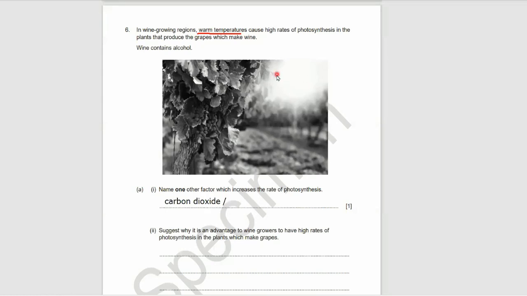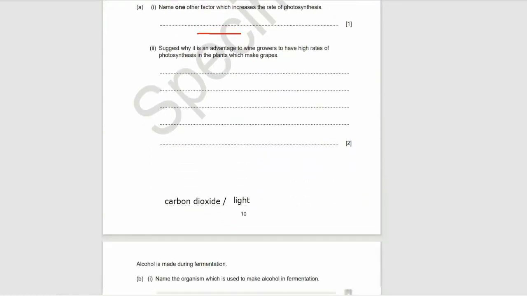What's this? Light. So the 3 limiting factors of photosynthesis are carbon dioxide, light, and temperature. You may think water and number of leaves as well, like the amount of chlorophyll in the leaves. They're also good answers. Water is not normally one of the limiting factors, but technically they should accept water, hence why you water plants. Now let's look at the next question.